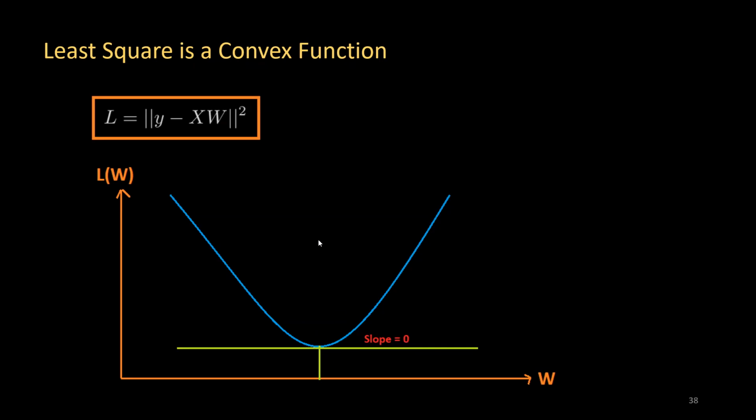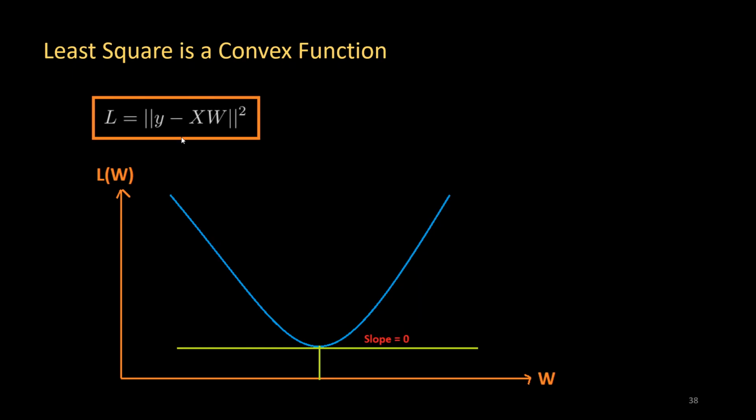So in order to go further in the mathematics, it was important to get the concept of a least square function. That least square function is a convex function, and the advantage of a convex function is there is always one minimum value, and that value can easily be obtained by taking the slope of the loss function and putting it equal to 0. So this is the step which we are going to do.